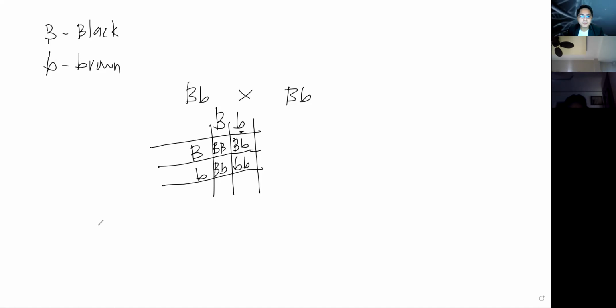Let's have the genotypic ratio first. What could be our genotypic ratio here? Anyone here who can give me an answer?